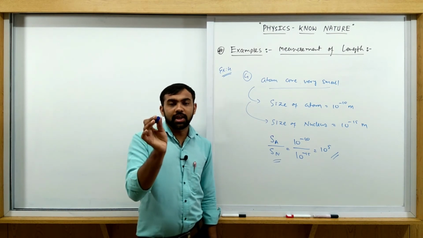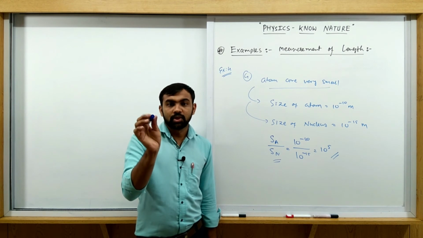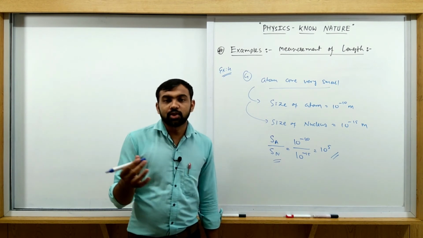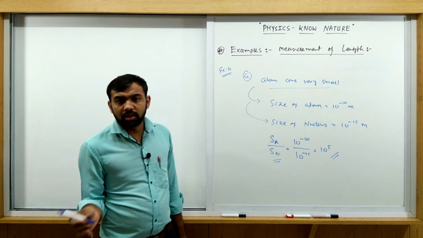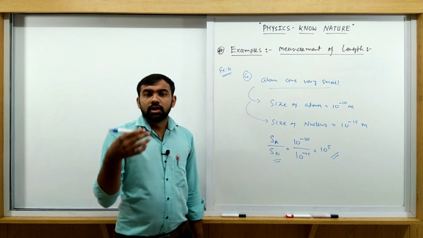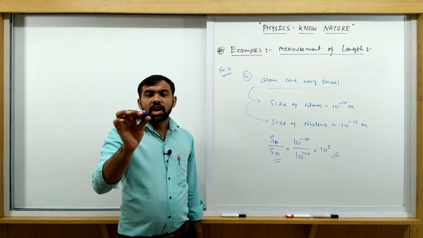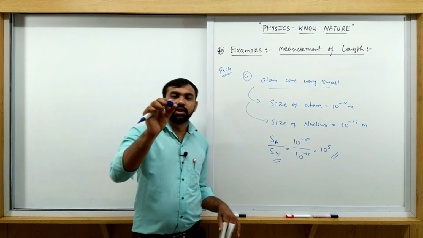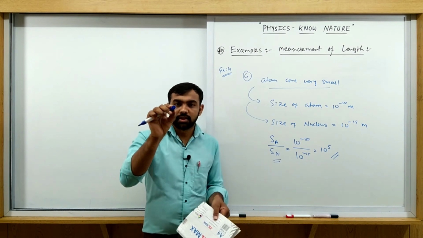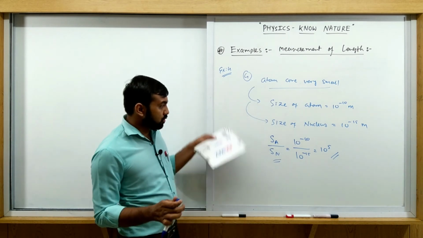This is quite larger compared to an atom. You can write it like this also, a cap of a pen. You just compare it. The size of an atom is very small compared to the tip of a pin or cap of a pen. This is quite a larger one. So this is the correct one. You just write like this.